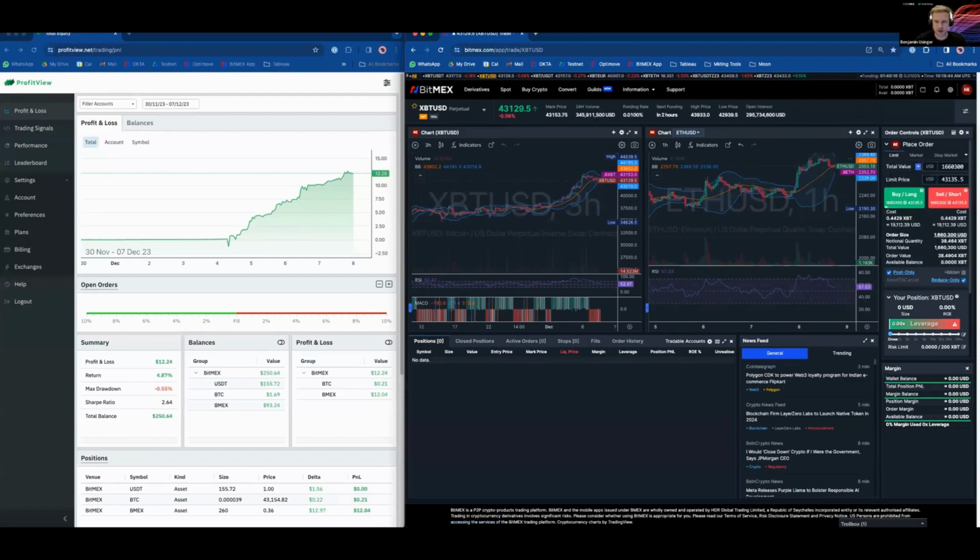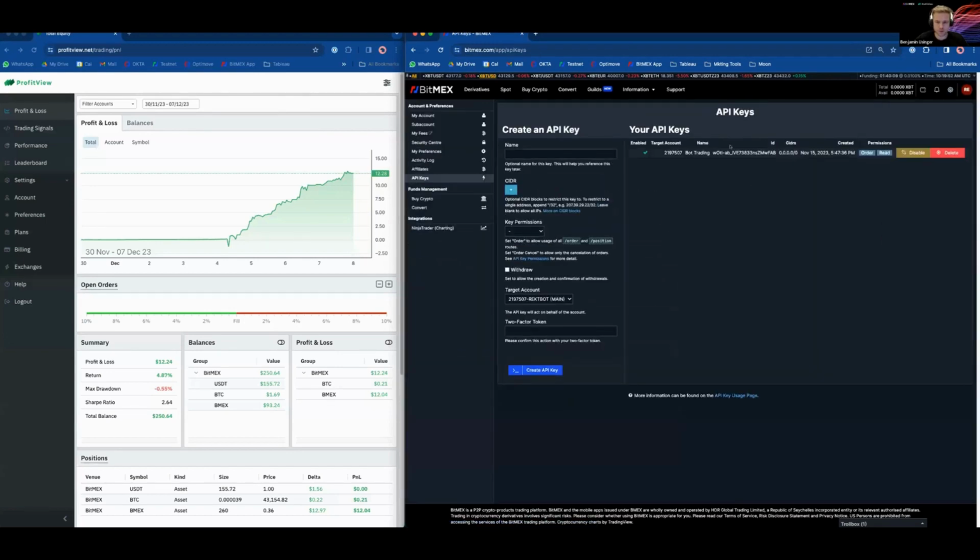But once you have logged in, you go to API keys, right? In the settings menu here on the top, go to API keys. What you want to do is create a new API key, which in this case we're going to call ProfitView. I'll make sure that the key permission is at least order.